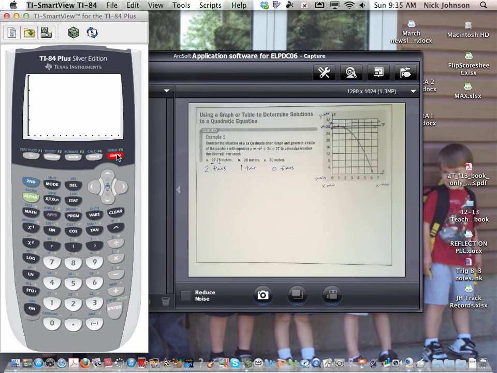Make it 30. And I could go up by 0.1, maybe 0.2.